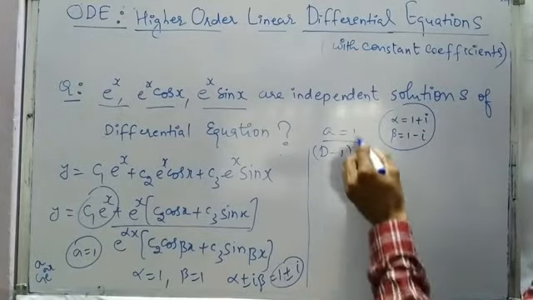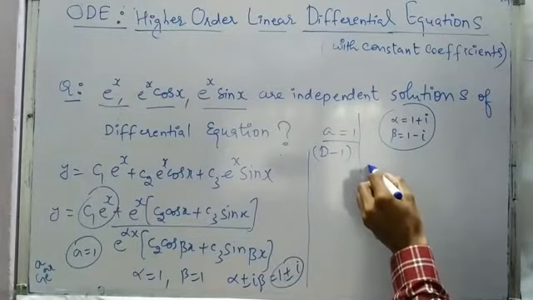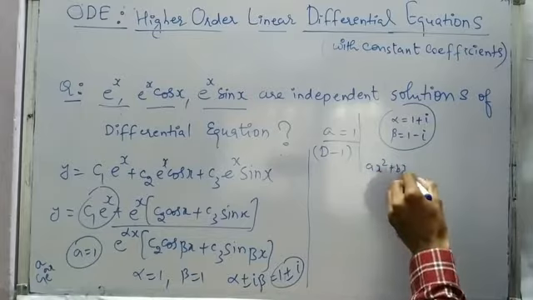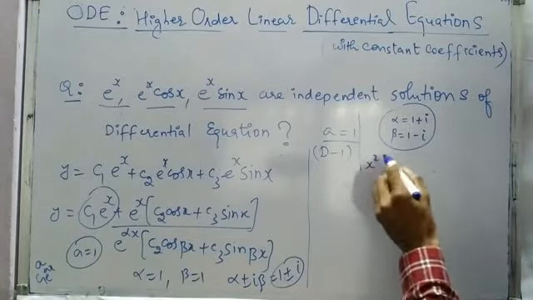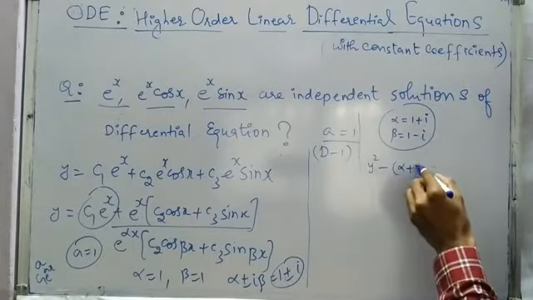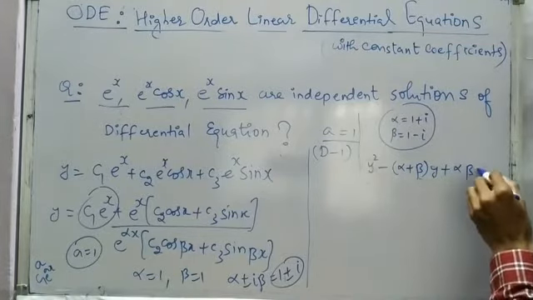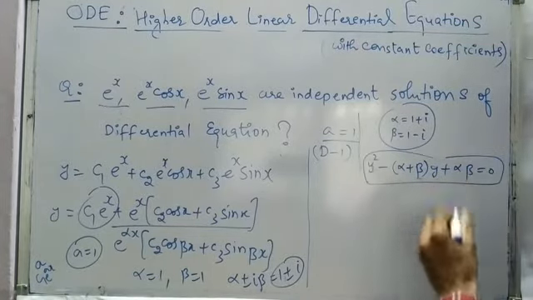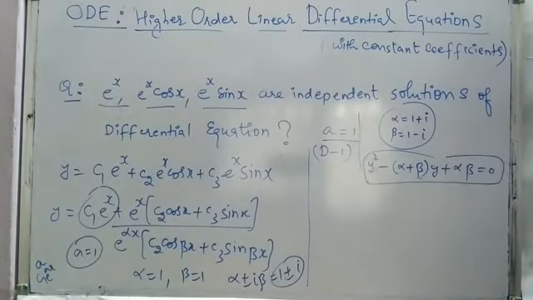Let us make use of the general form of a quadratic equation: y squared minus (alpha plus beta) y plus alpha beta is equal to 0. That's the standard form when we have the roots and have to make the quadratic equation.